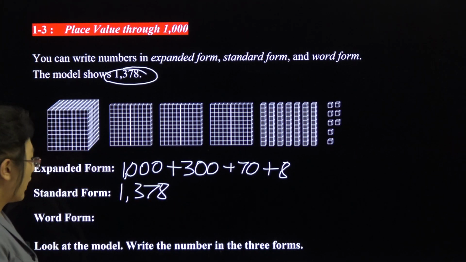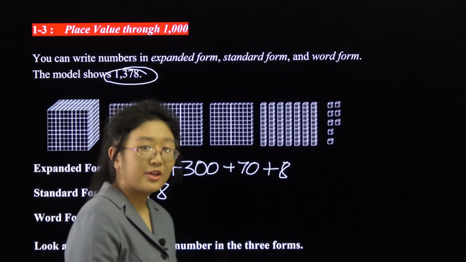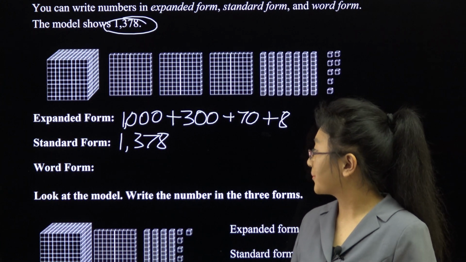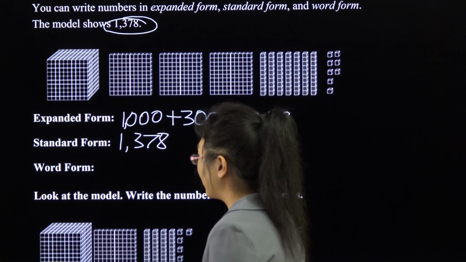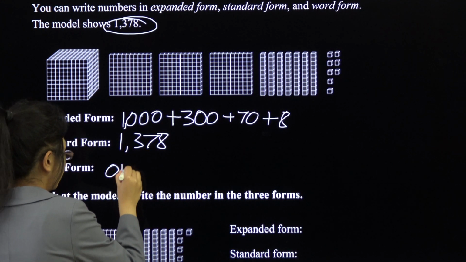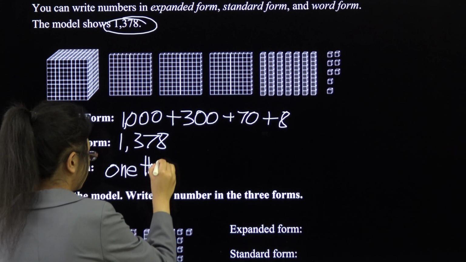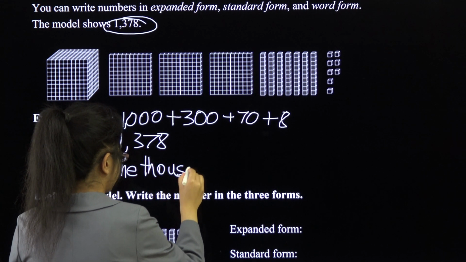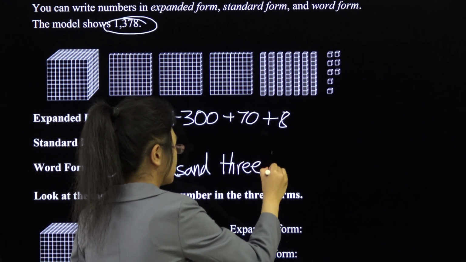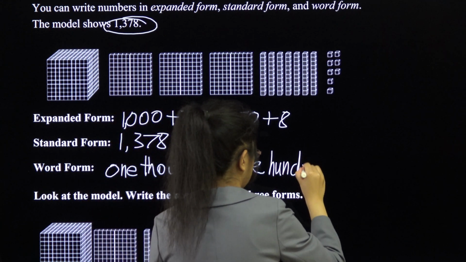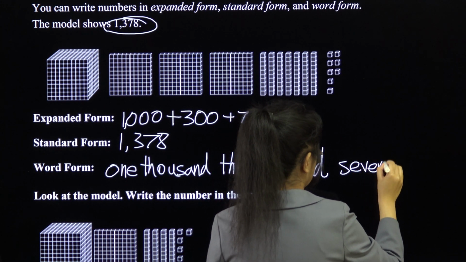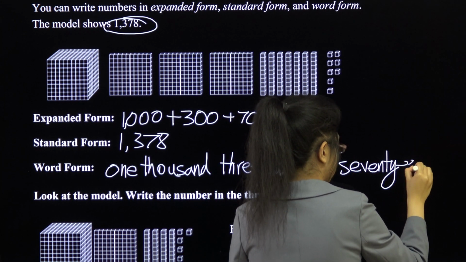Now, standard form is just the stuff that you've seen on papers: 1,378. Word form is how you would read it out, and not, say, in numbers. It's always written in words, which is, well, letters. And it's also very tedious to write: one thousand, three hundred, seventy-eight.